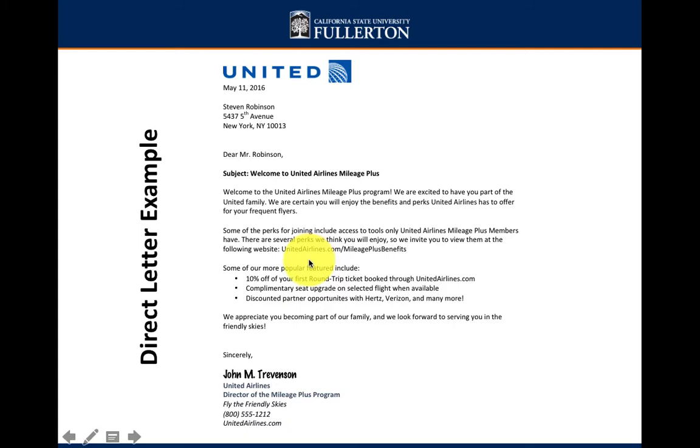You want to stay away from URLs that are very long, like unitedairlines.com/mileage-plus-benefits/current-benefits and then they'll have letters and numbers, J5964, etc. The longer the URL is in a letter, the more difficult it is for the receiver to try to plug it into their actual computer or mobile device.